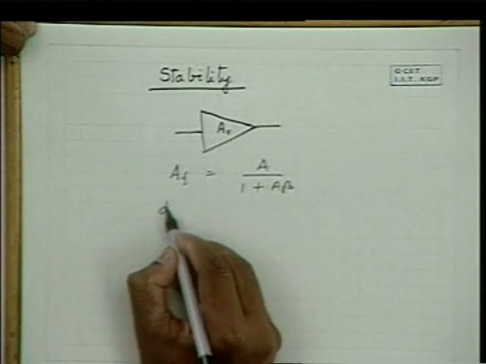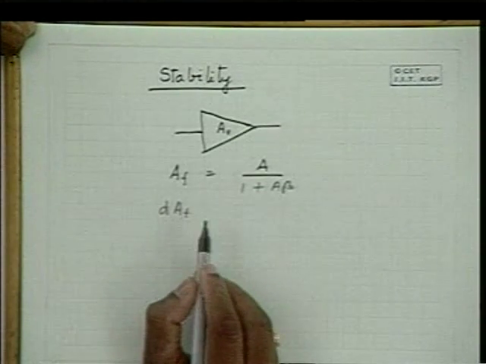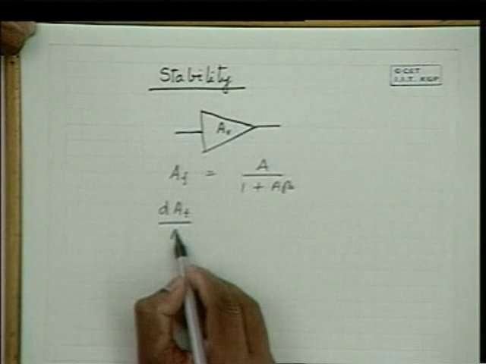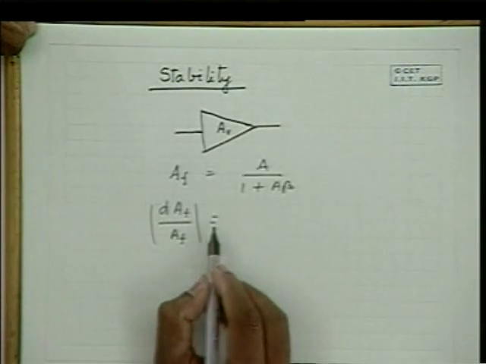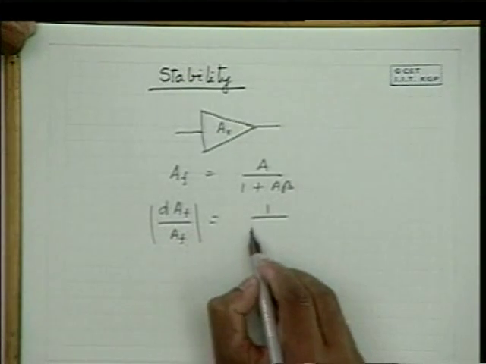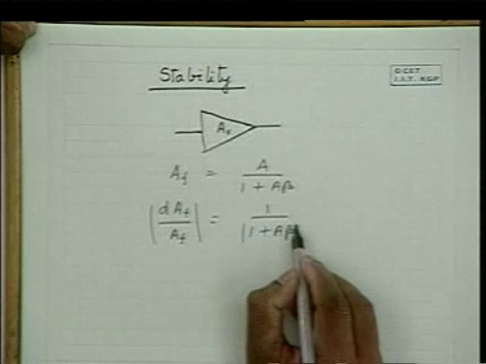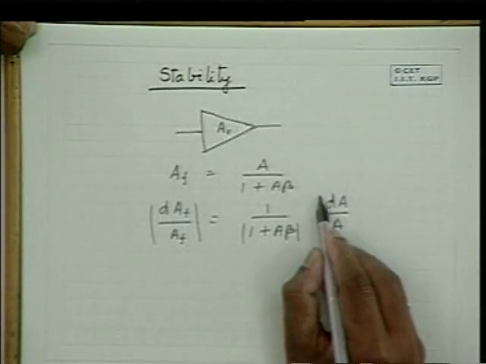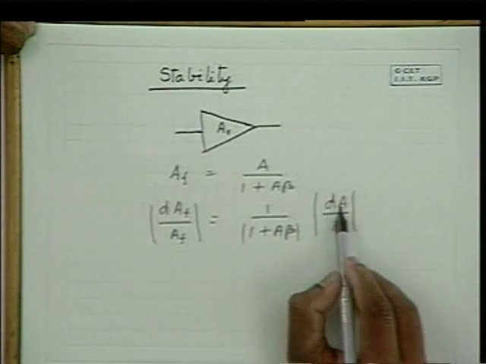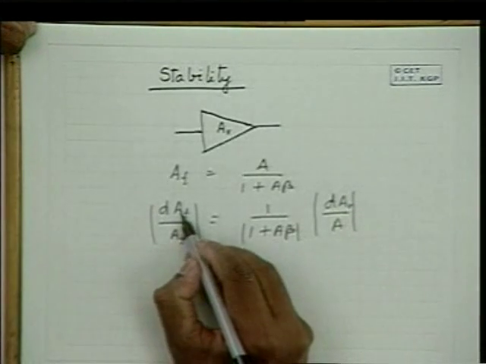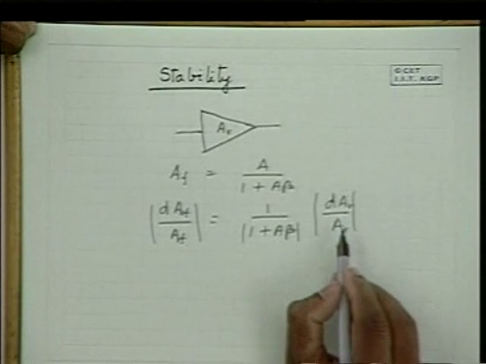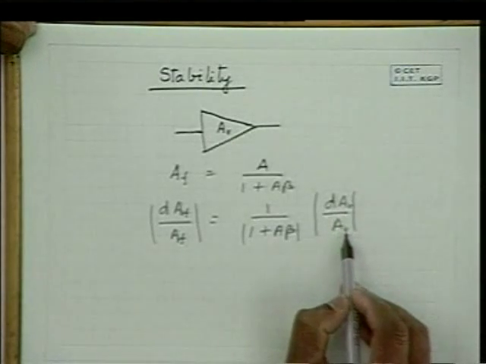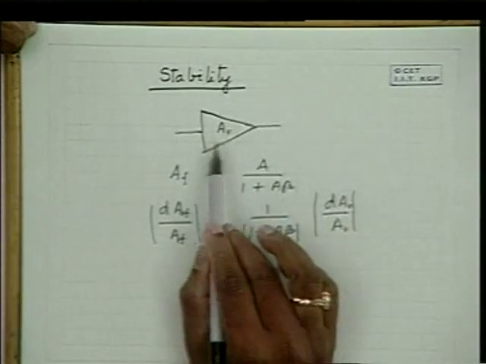Now if you differentiate AF with respect to A, and you normalize it with respect to AF, you will find that dAF by AF is equal to 1 by 1 plus A beta times dA by A. If there is a change in AV, actually AVF, if there is a 50% change, that means dAV by AV is 0.5 in the amplifier.